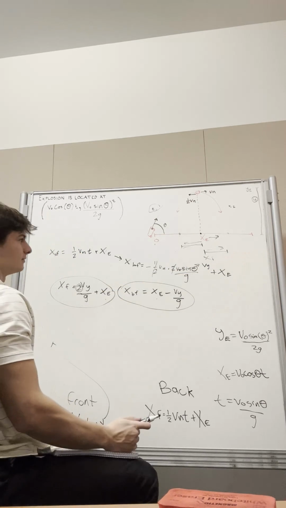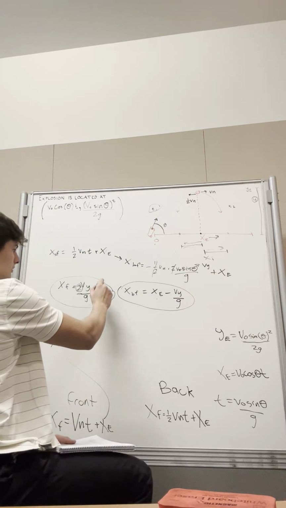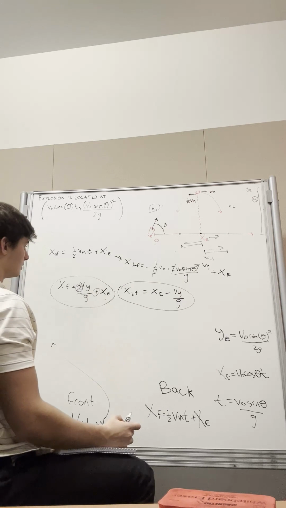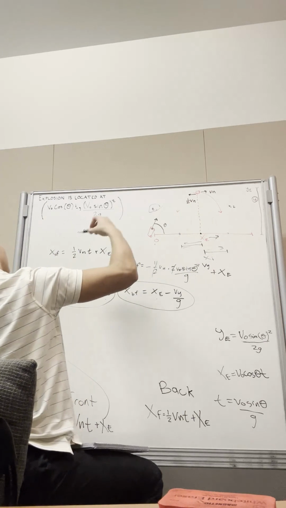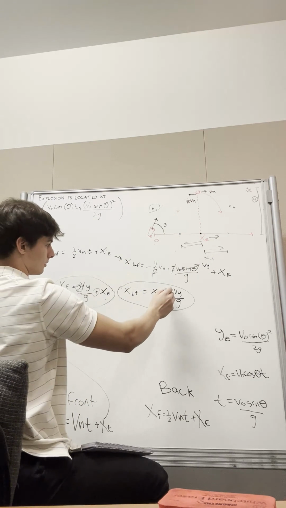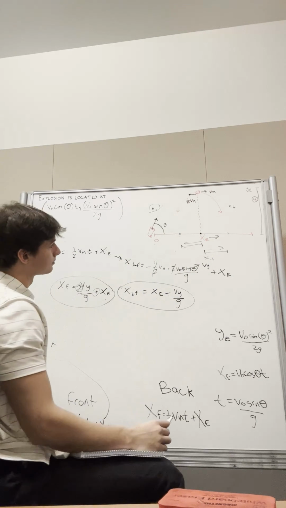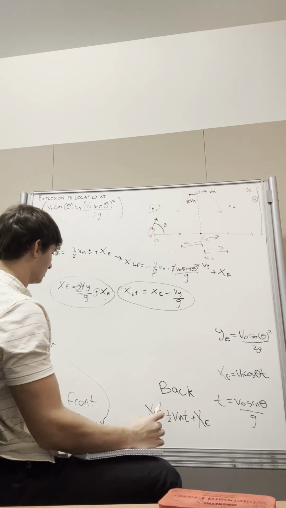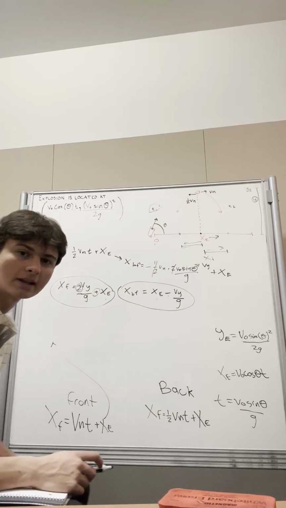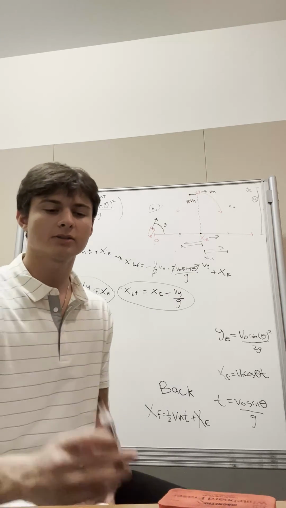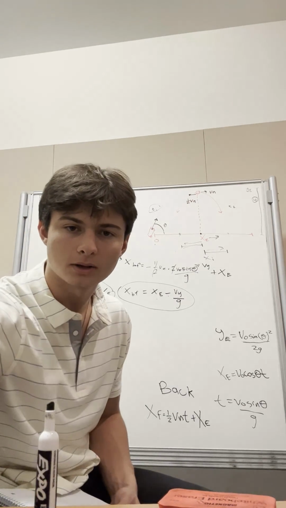Its x value is increasing, so it's positive. That makes sense. And this particle is going backwards. It's getting closer to 0. That's what makes sense why it's decreasing. So those answers make sense to me, and that's my answer to my final question of Intro to Mechanics.